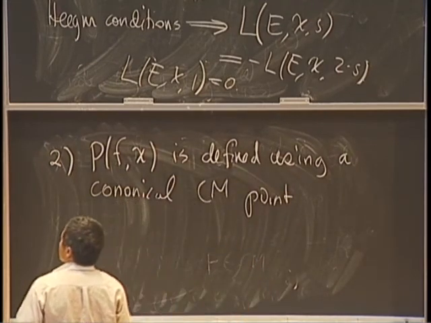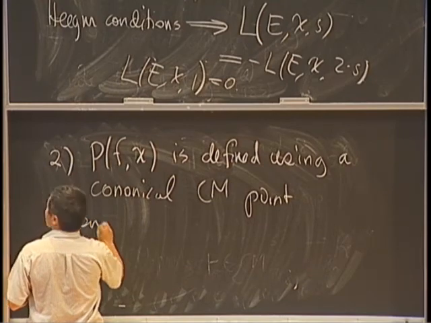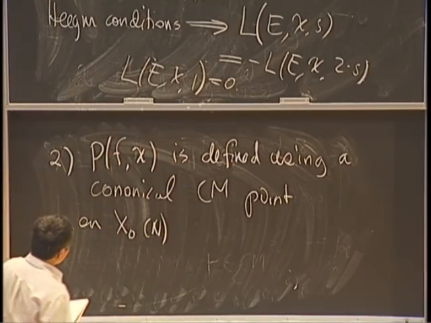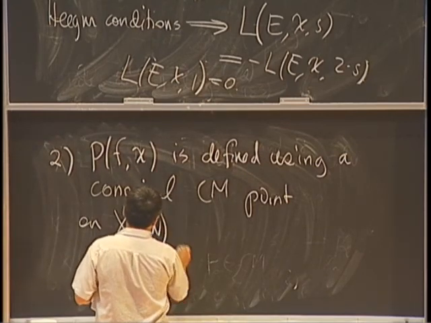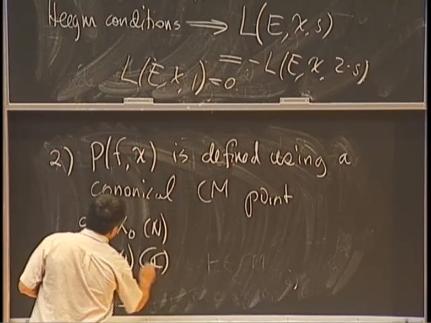So the CM point is on X_0(N), and this X_0(N), so it's in fact what's going on. This X_0(N), first of all, has a modular interpretation.